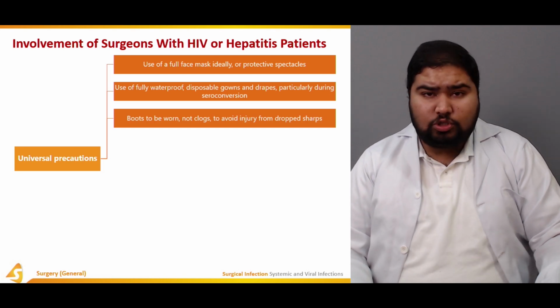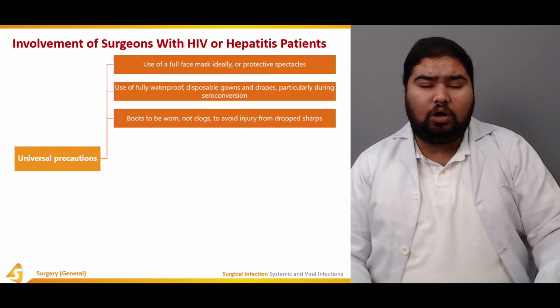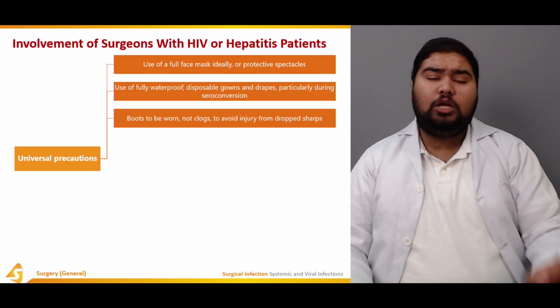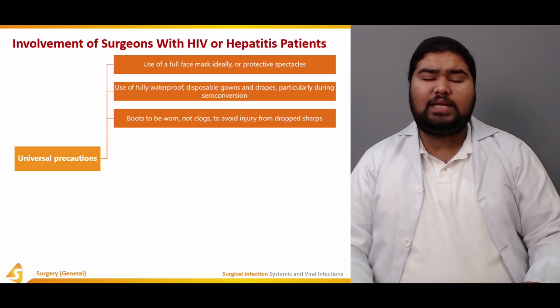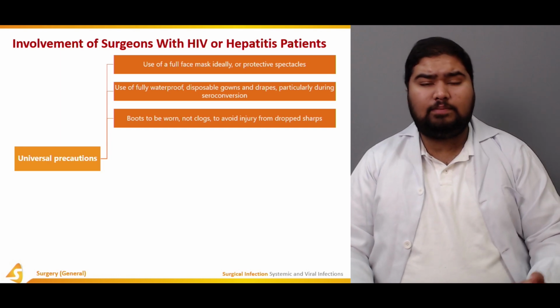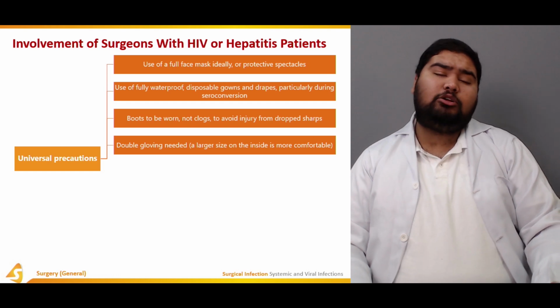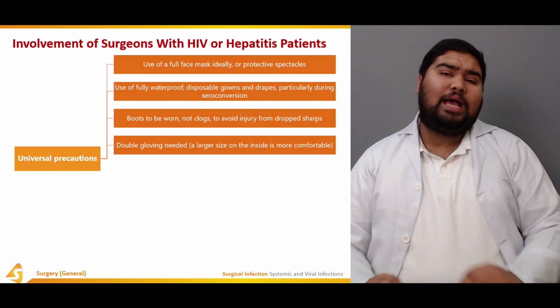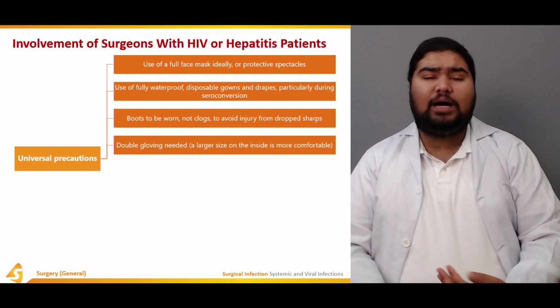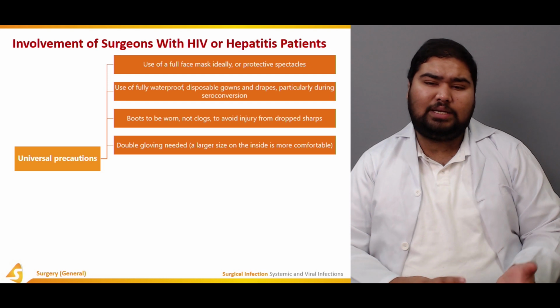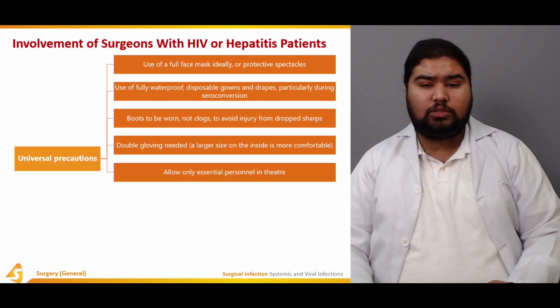Now, boots should be worn, not clogs, to avoid injury from dropped sharps. You should always wear boots and not clogs, because an injury from a sharp can be avoided this way. Double gloving is important, and for double gloving, always wear a larger size on the inside and a smaller size on the outside. It is more comfortable this way.